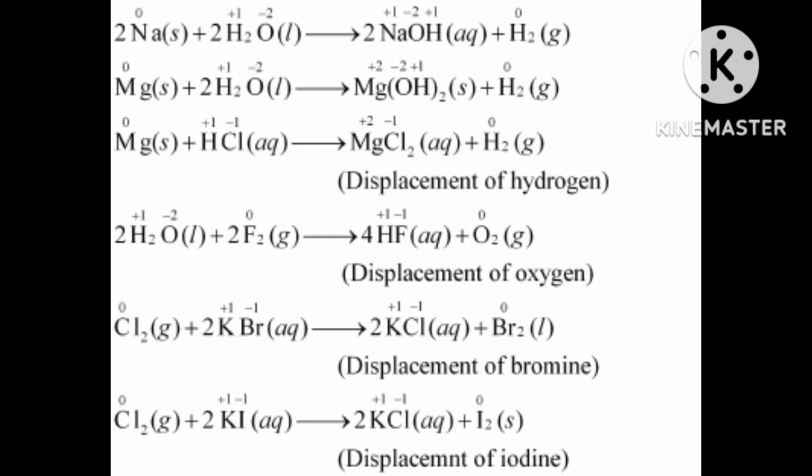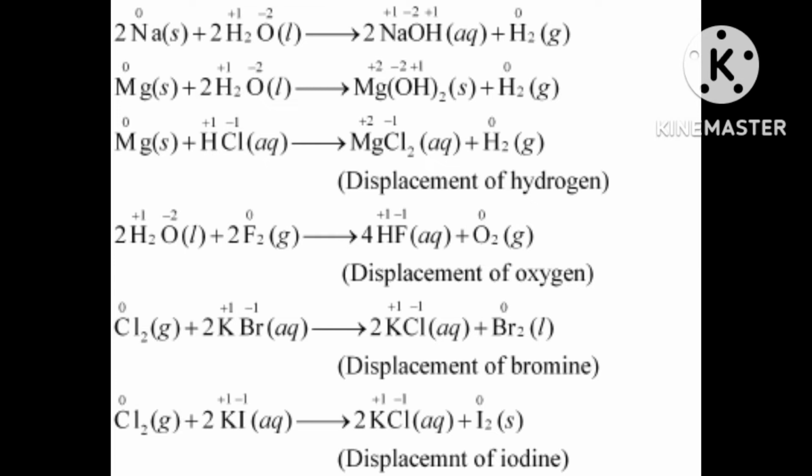Cl minus, Br minus, I minus. This is chloride, bromide, iodide. Because fluorine is a highly oxidizing agent, it can replace these three also. Means it can go in the place of chloride ion, bromide ion, and iodide ion. This I told you, this is very, very important.